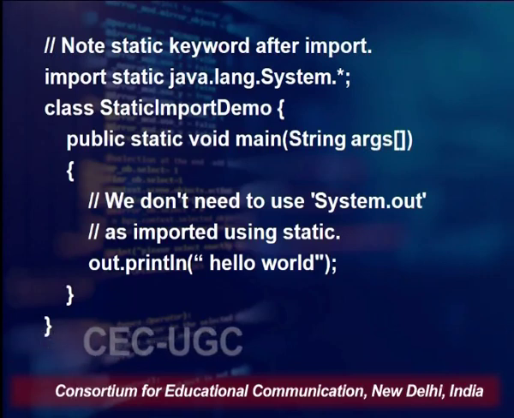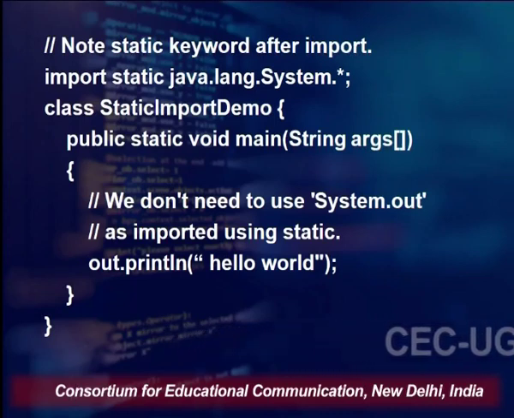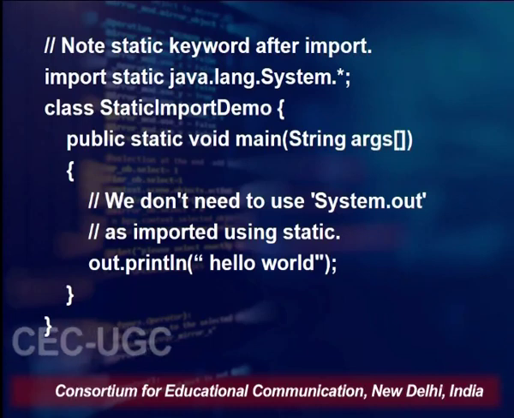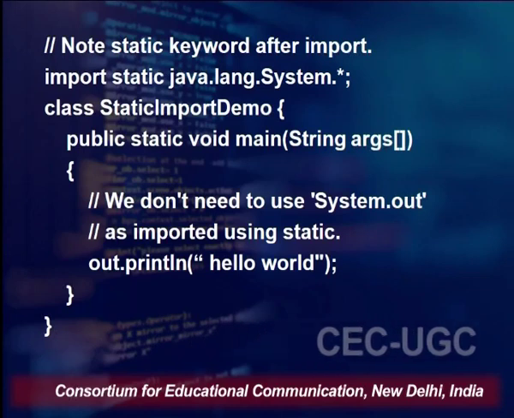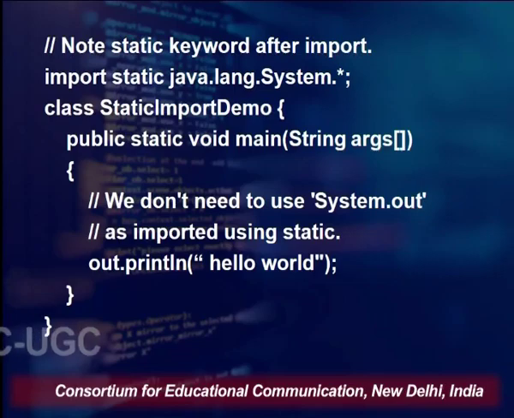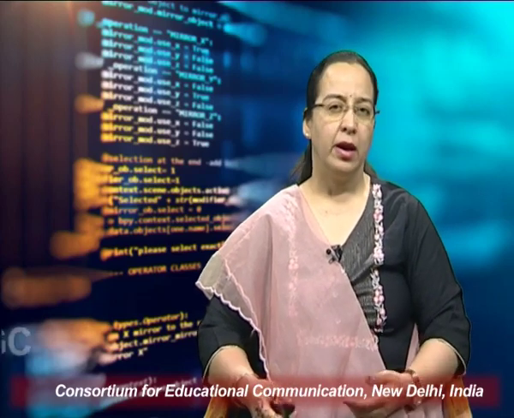Here I am not going to write the term System because java.lang.System has been imported statically. That is what you call the static import, and this static import will allow these public static members to be used without specifying the class. So, here we are not using the term System.